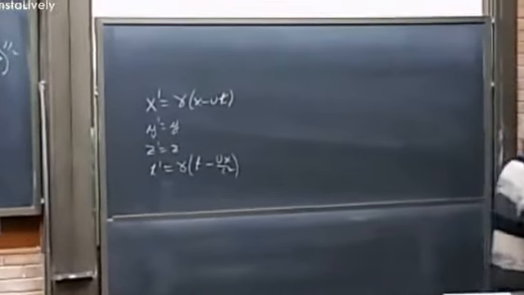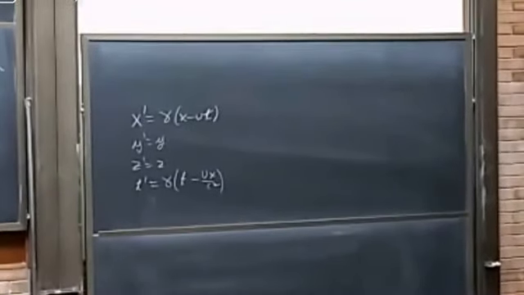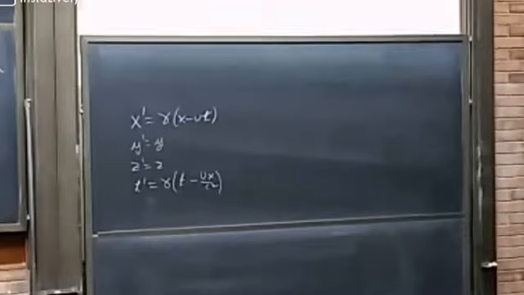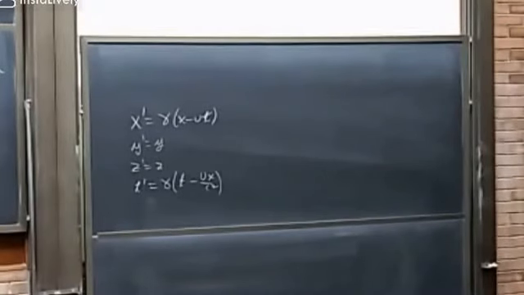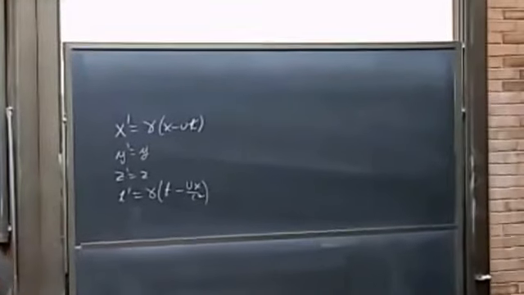And now on the back of an envelope with high school algebra, you can write the theory of relativity. The arithmetic is trivial. It's the concept that's difficult.